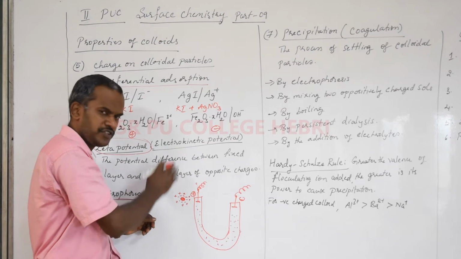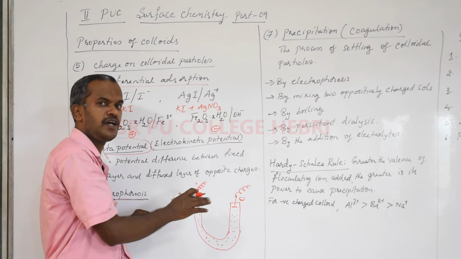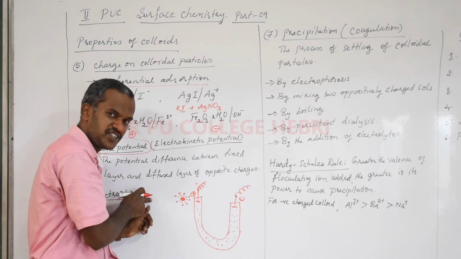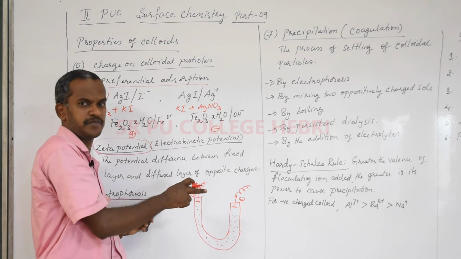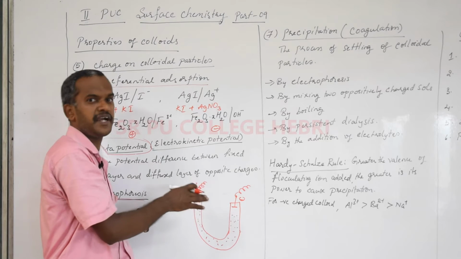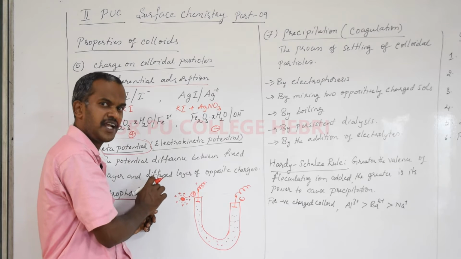Suppose if you use a particular membrane, then only the dispersion medium will move, that is called electroosmosis. Here in electrophoresis the dispersed phase particles are moving, and in electroosmosis the dispersion medium particles are moving. So there is a difference between electrophoresis and electroosmosis.